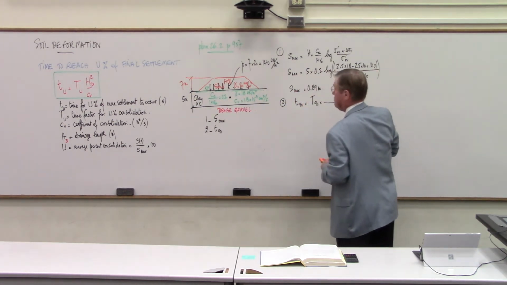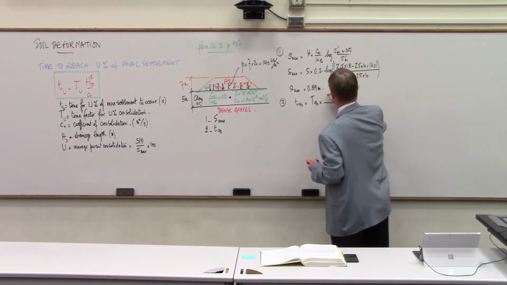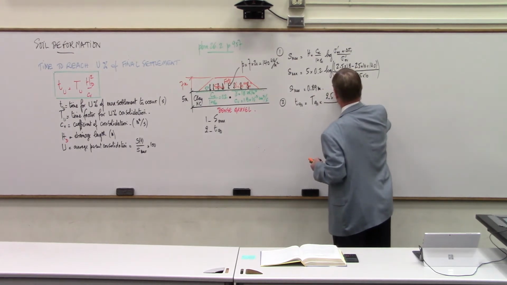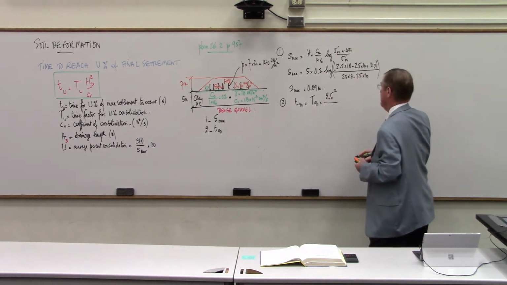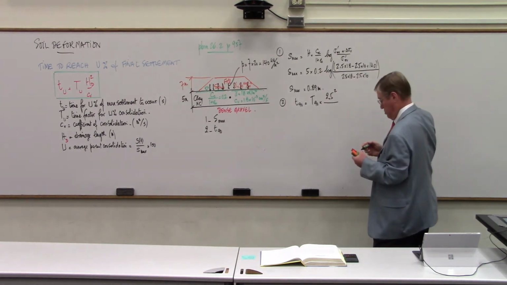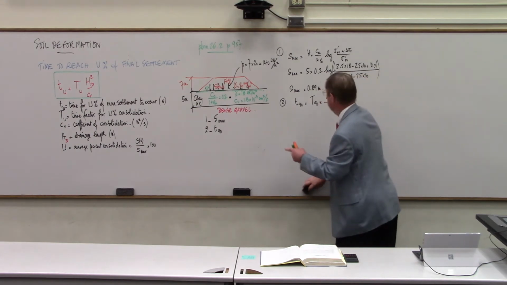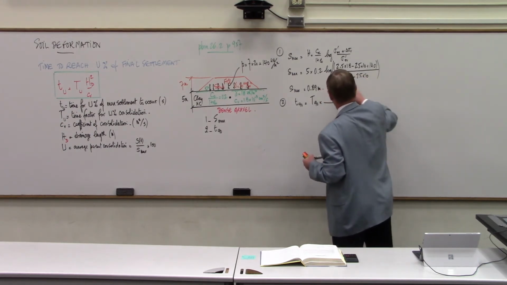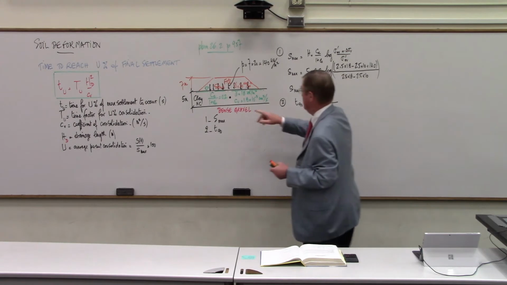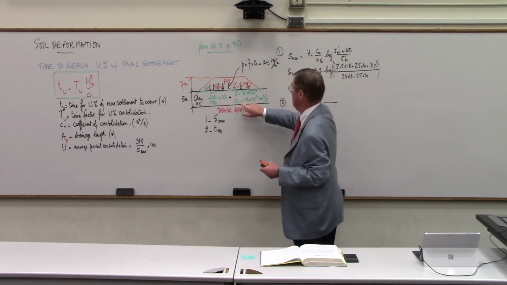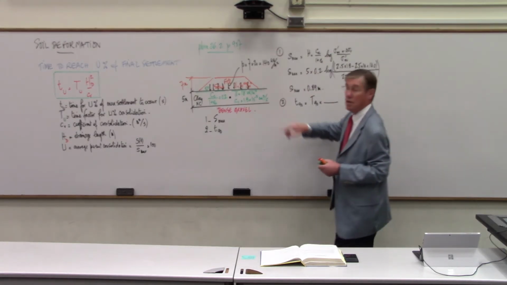So here I have T90 times 2.5 squared divided by, so let me change this because C sub V was in centimeters square per second.